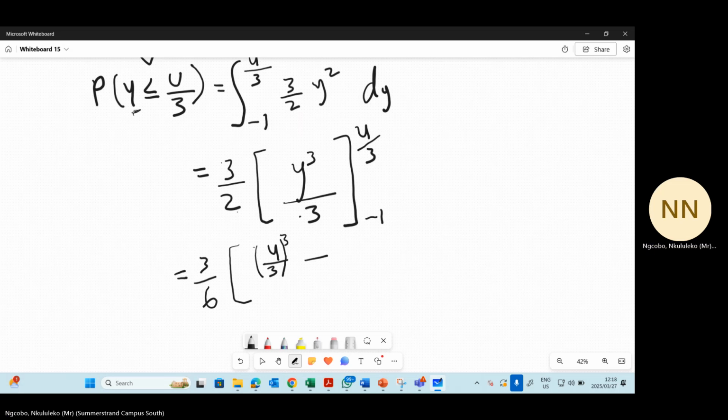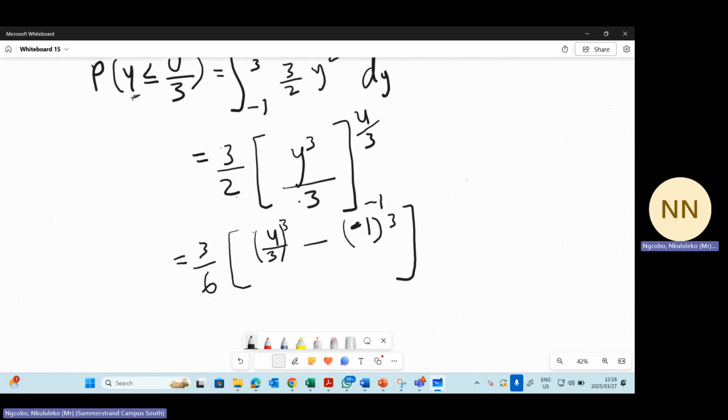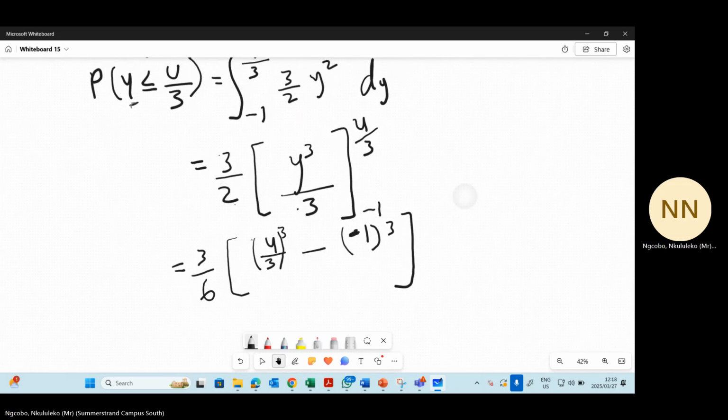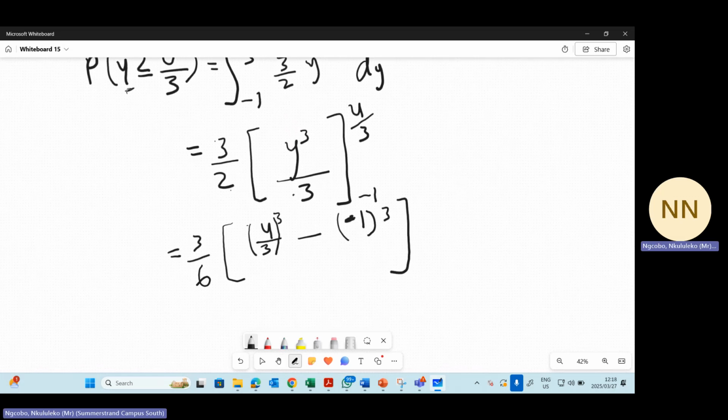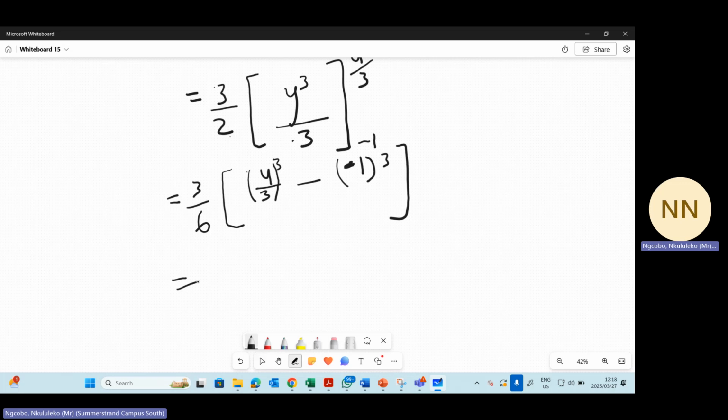Minus now -1 cubed, right? Okay, we good? Yeah, so -1, right? So this then now changes from 3 over 6, where 3 over 6 is the same as half, right? So this is the same as saying 1 over 2, right?